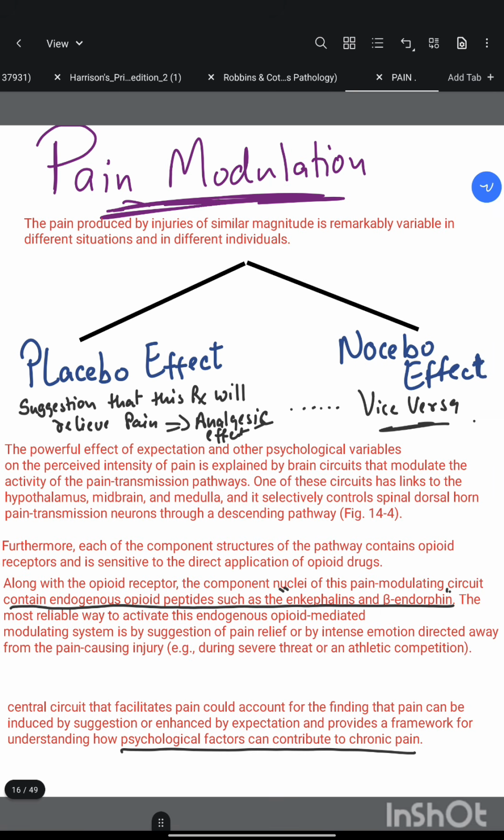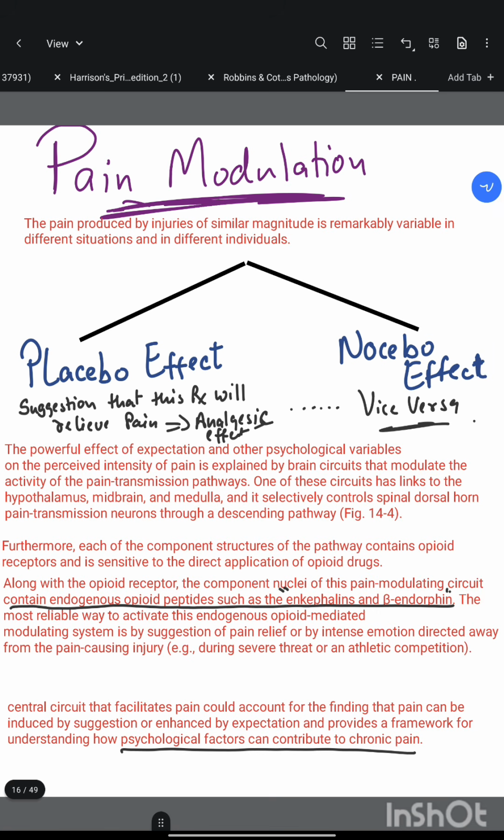For example, an army officer during a war, if he is hit by a bullet or if his leg gets fractured, even then he doesn't stop, he keeps on fighting. On the other hand, for a person admitted in the hospital, a simple procedure such as venipuncture, inserting a cannula, may be agonizing. Hence, the pain produced by injuries of similar magnitude is remarkably variable in different situations and in different individuals.